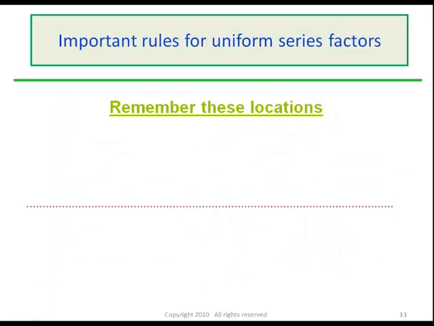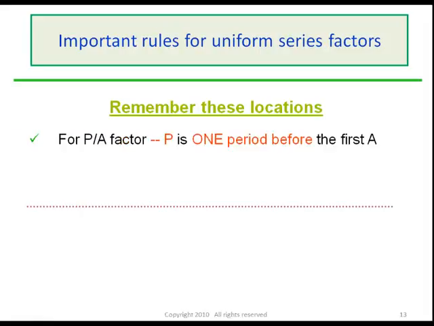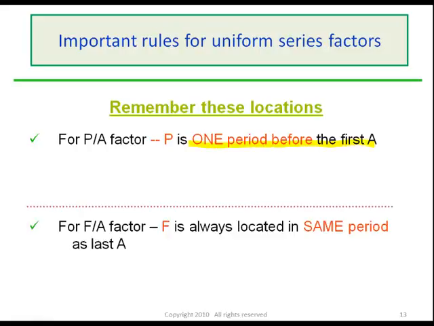This last slide will summarize the important guidelines about placement of the P, F, and A values when using any of these 4 factors, whether it is by formula, by tabulated factor value, or by spreadsheet function. First, P is always located one period before the first A value. Second, F is always located at the same time period as the last A value.